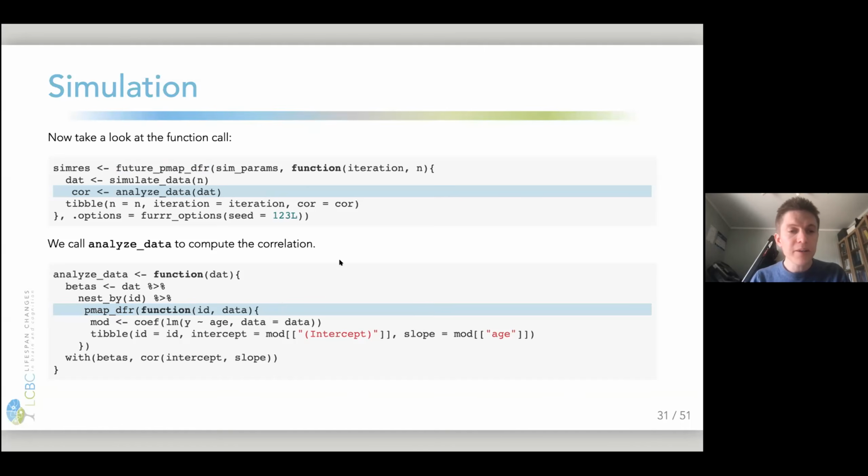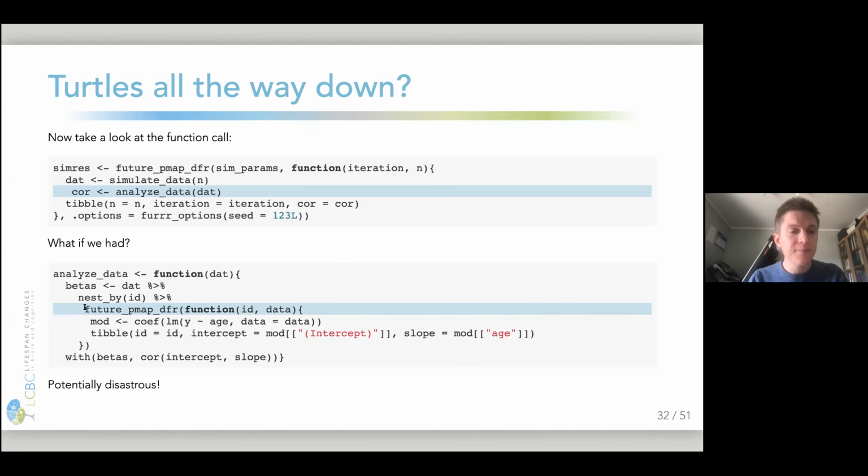So what if I instead had this? Inside my future_pmap_dfr, I could have had another future_pmap_dfr, or something else. You know, it could be future.apply, whatever, and it could be some sort of legacy function or function from another package that had future in it.